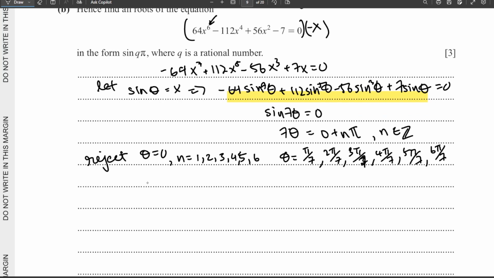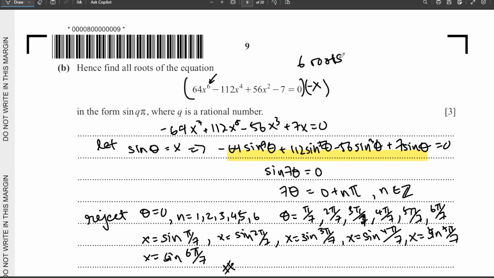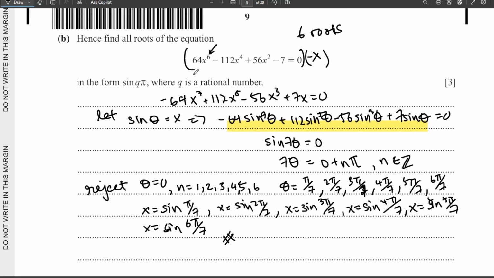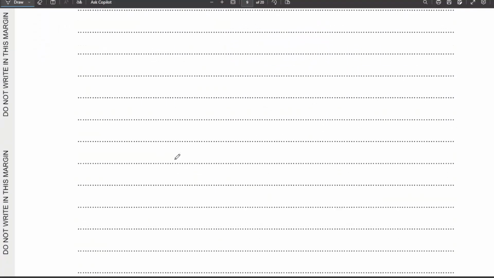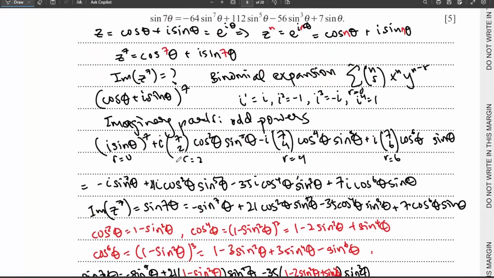Alright, and then we rewrite this as our x. And there we have it. There will be 6 roots for this 6th order polynomial. Right, that's the entirety of question 5. Okay, thank you for watching.